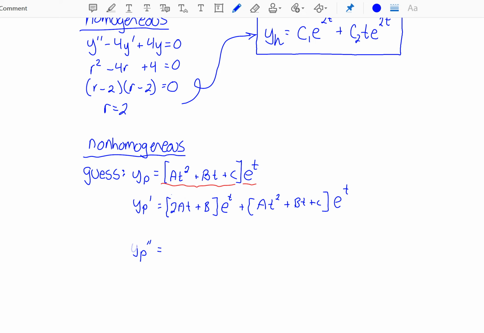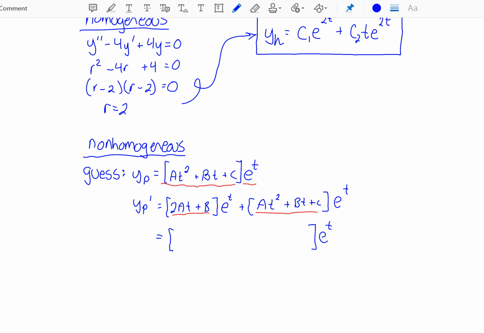However, before I move on to the second derivative, I want to combine some like terms. And I think it'll just make some of the algebra easier. What I'm noticing here is that all of these have a factor of e to the t, so I'm going to factor that e to the t out. With what's left, I'm going to write the remaining terms in the brackets in a descending order and combine similar terms here.